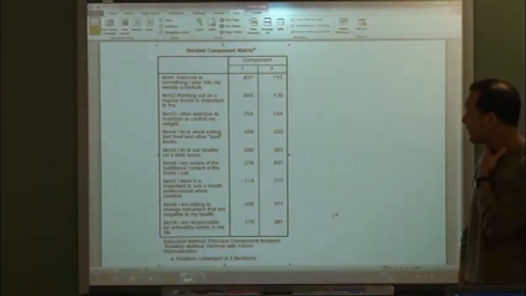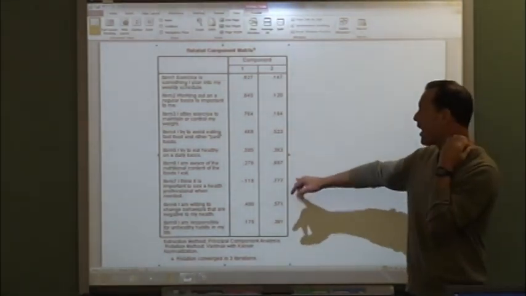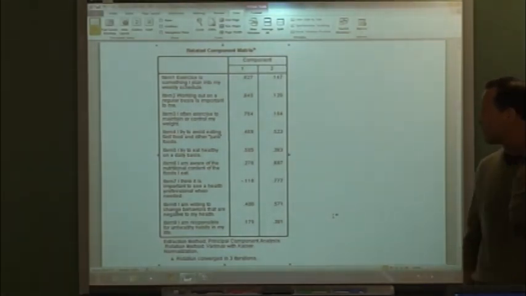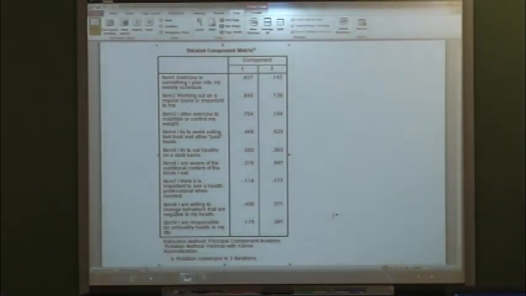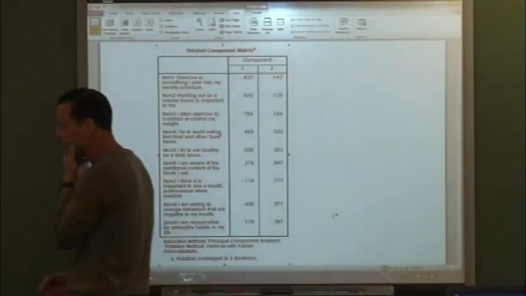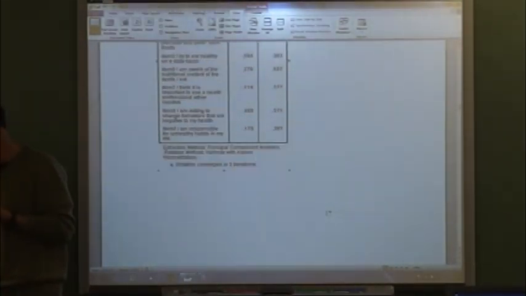So in your opinion, everybody, does "I think it's important to see a health professional when needed" seem to go well with "I'm aware of the nutritional content of the foods I eat"? Does that seem to go together? Maybe kind of not. Sometimes it's harder to make sense of when you constrain the solution to two.